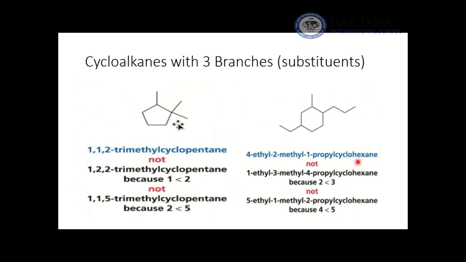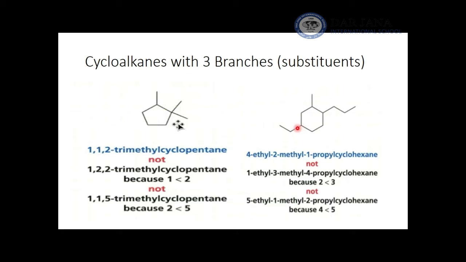In this example, we have to try which way gives you the lowest possible value. If you start numbering from here, this carbon will be number 1, 2, 3, 4. So the numbers are 1, 2, and 4.